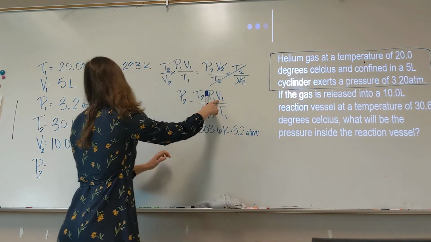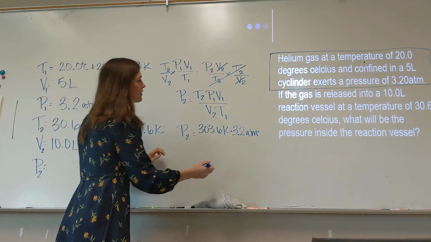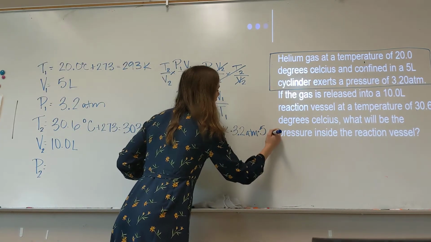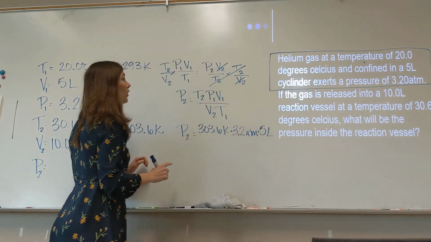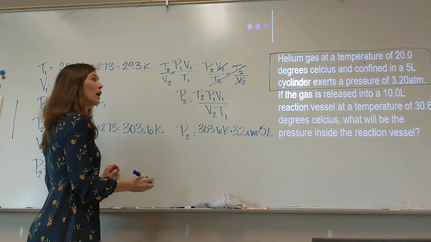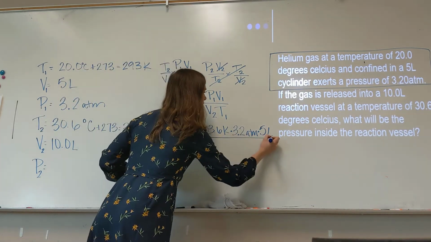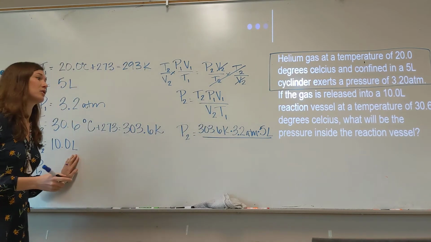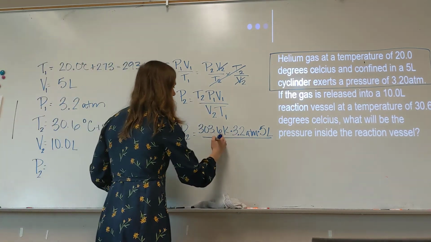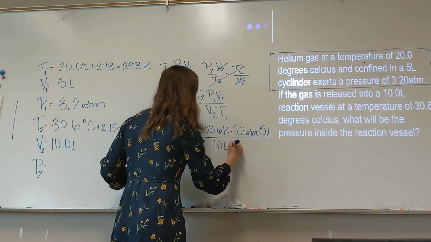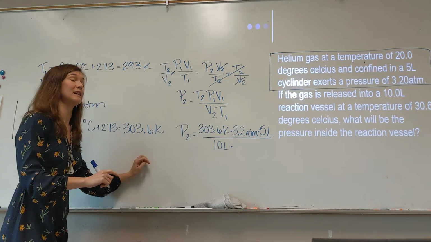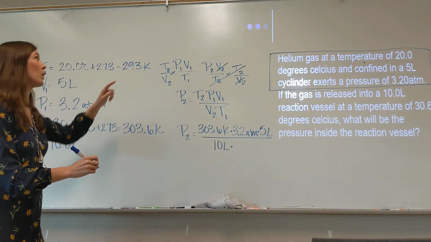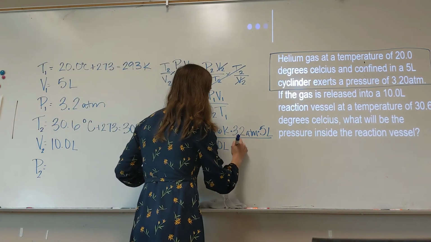Multiplied by my V1, which is 5 liters. I do have 2 volumes, so make sure you're doing volume 1 and not volume 2. When we go to the bottom, we do have volume 2, so that's our 10 liters. Multiplied by T1, so make sure you're plugging in T1, 293 Kelvin.